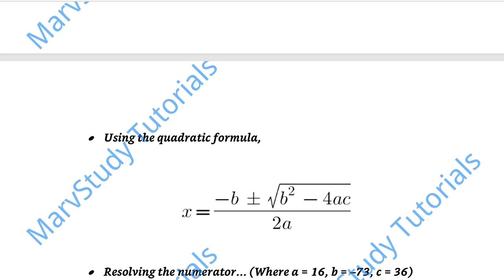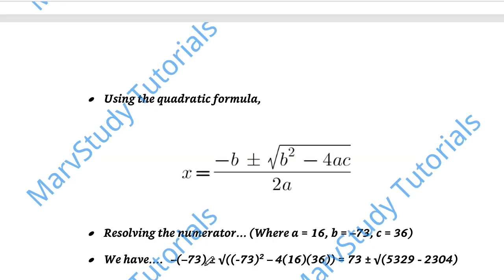So we then resolve the numerator of the equation. So -(-73), because b is -73, plus or minus the square root of b squared, that's (-73) squared, - 4 times a, which is 16, times c, which is 36.